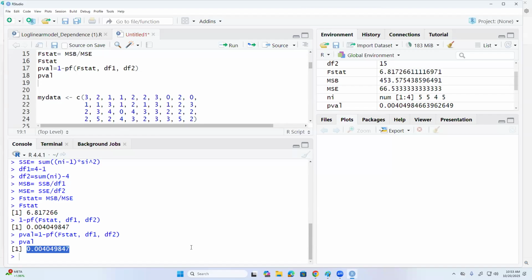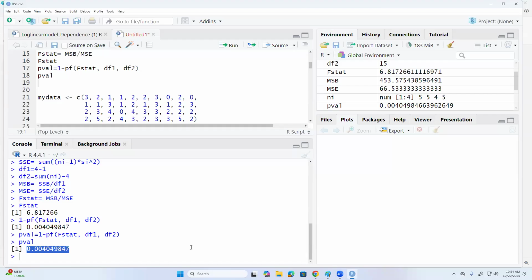Since the p-value is smaller than 0.05, we reject the null hypothesis and conclude that the data provides sufficient evidence in favor of the alternative hypothesis. 0.05 is one level; another typical level is 0.01. Even if you test at the 0.01 level, you still reject the null hypothesis, since the p-value is smaller than 0.01.